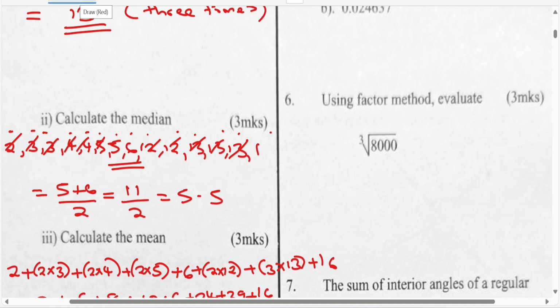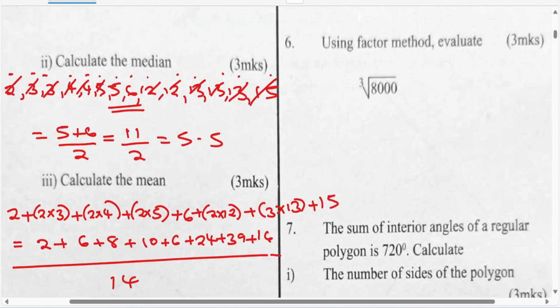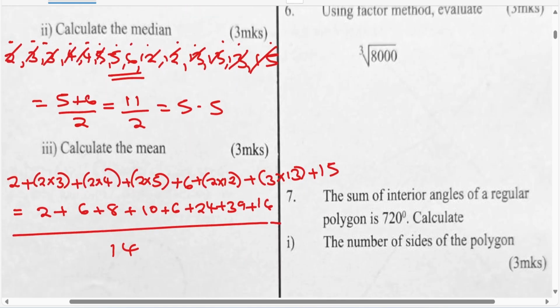Okay, since this is 15, not 16. There's no 16 in the question. If I look at it carefully, yes, there's no 16, there's just 15. So sorry for that, and let me correct it here.